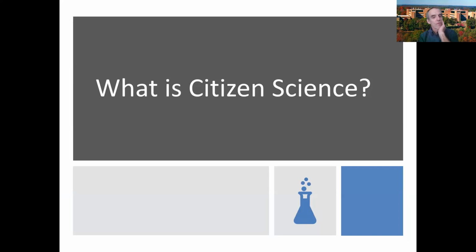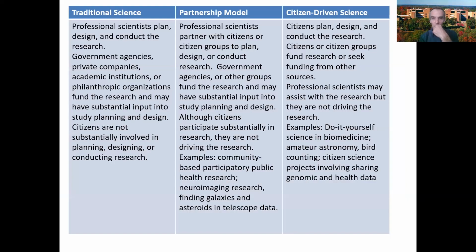So I'm going to just briefly, I know this is review for a lot of people, but I think it's important to understand the different kinds of things that fall under citizen science. We'll start there first. If you look at the left hand of this chart, this is more traditional science where professional scientists plan, design, and conduct the research.